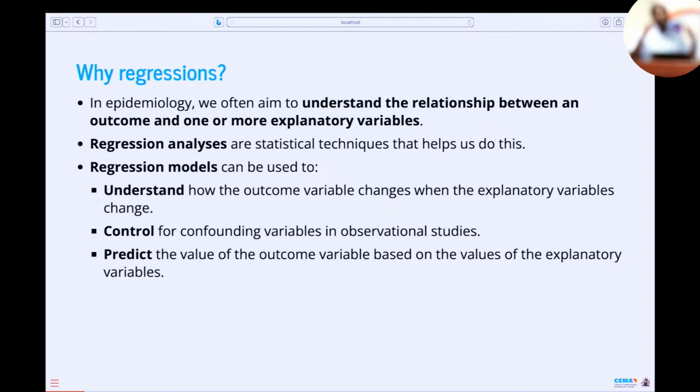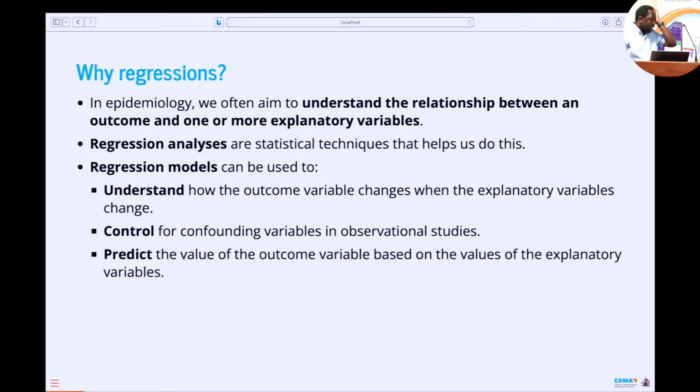The relationship between the risk of Down syndrome and birth rank is not necessarily that the birth rank is responsible for it, it's more the age of the mother. So with regressions, you are able to account for the age of the mother and then see whether birth rank really links with Down syndrome.